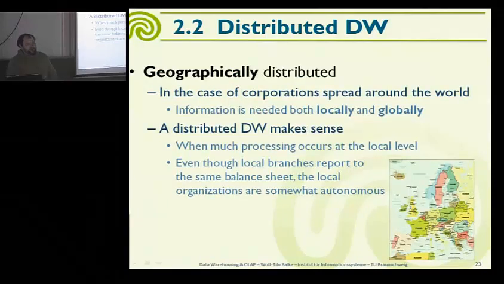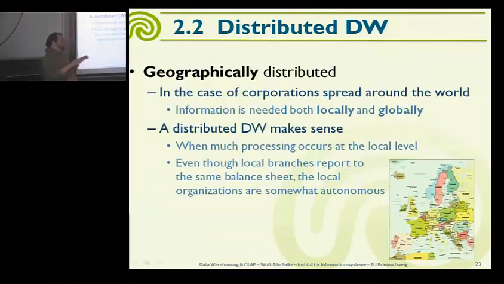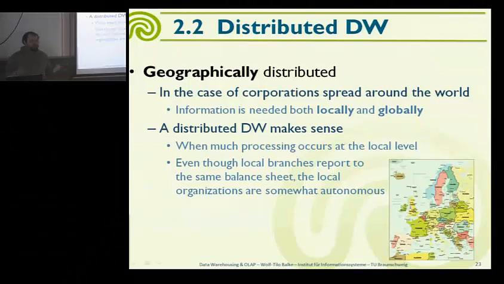So talking about distributed data warehouses, we can first say, okay, many companies are globalized these days. It's not just that they have one location and they work on that location, so it's clear where the data is, but they have different locations and different countries they are active in. And once the corporation spreads around the world, the data is also produced in different areas of the world.